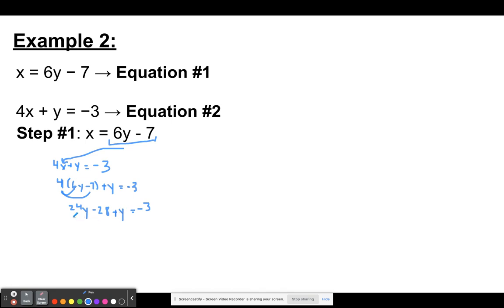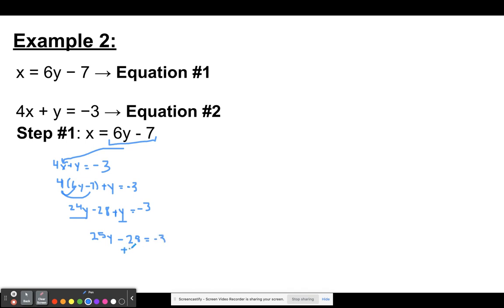Notice on the left-hand side, we can combine these two like terms, and that's going to give us 25y minus 28 is equal to negative 3.